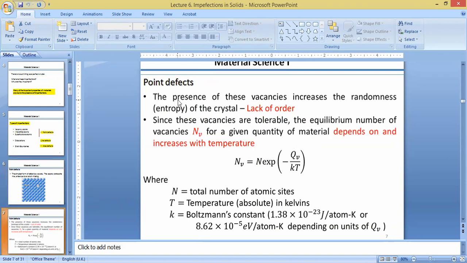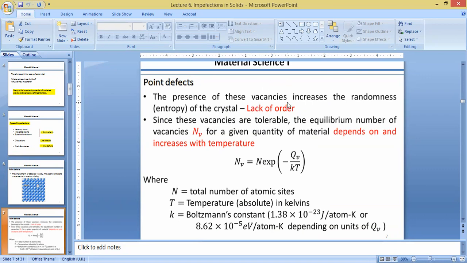Still under point defects, the presence of these vacancies increases the randomness or the entropy of the crystal. Definitely, it's a lack of order, isn't it? So the order is disturbed when we have these vacancies in the arrangement of the crystal.